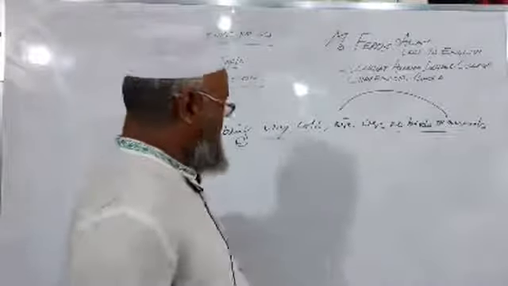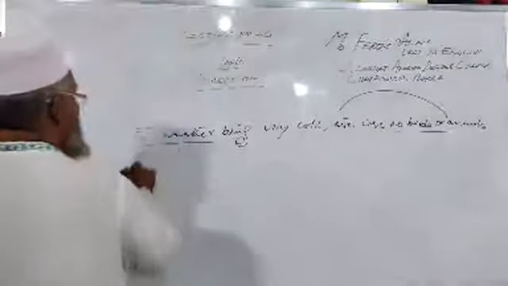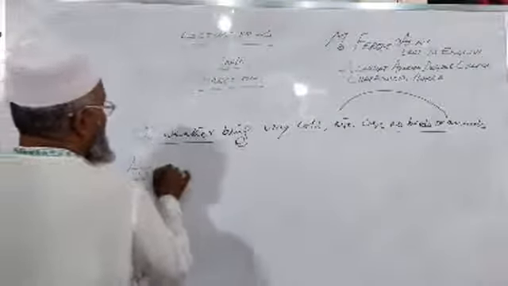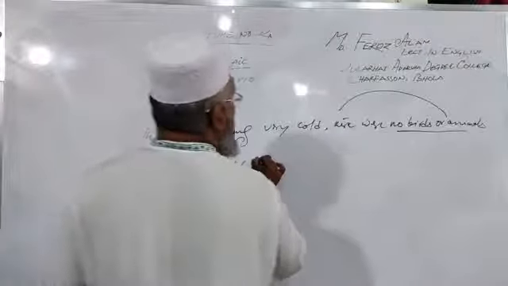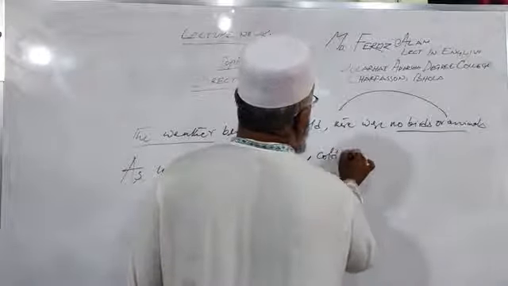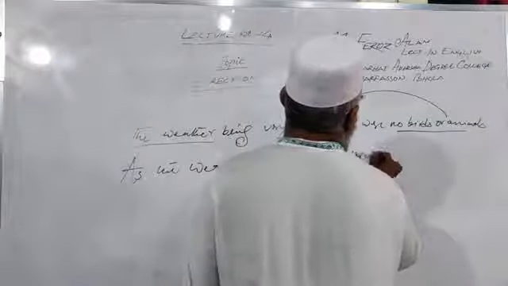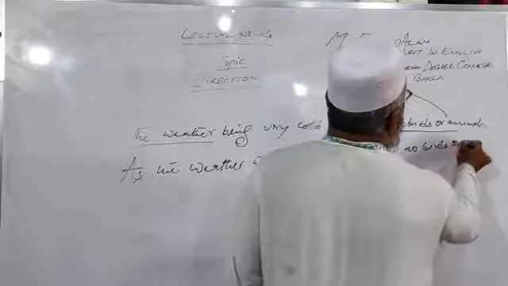And that is why this is phrase and this is participle phrase. And in that time, how to go in the complex, in that time you can use as, since, or when, while. In this way: as the weather was very cold, there were no birds or animals.